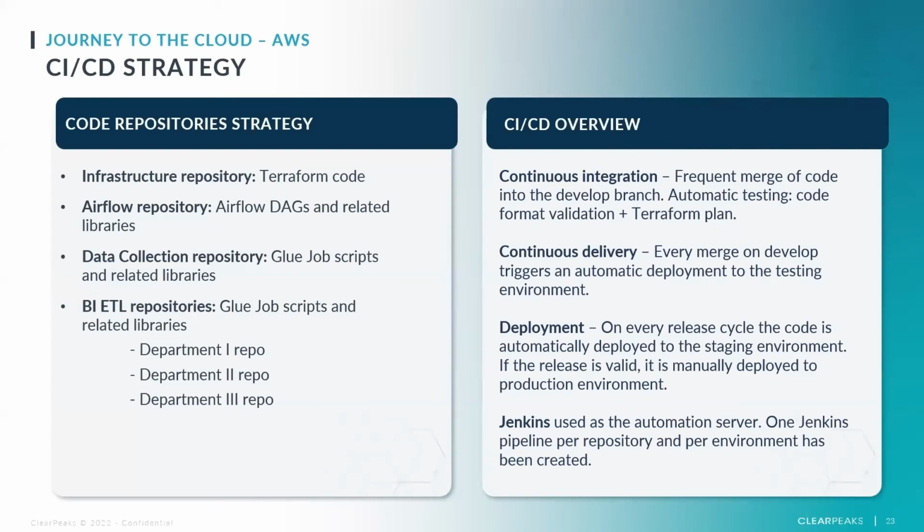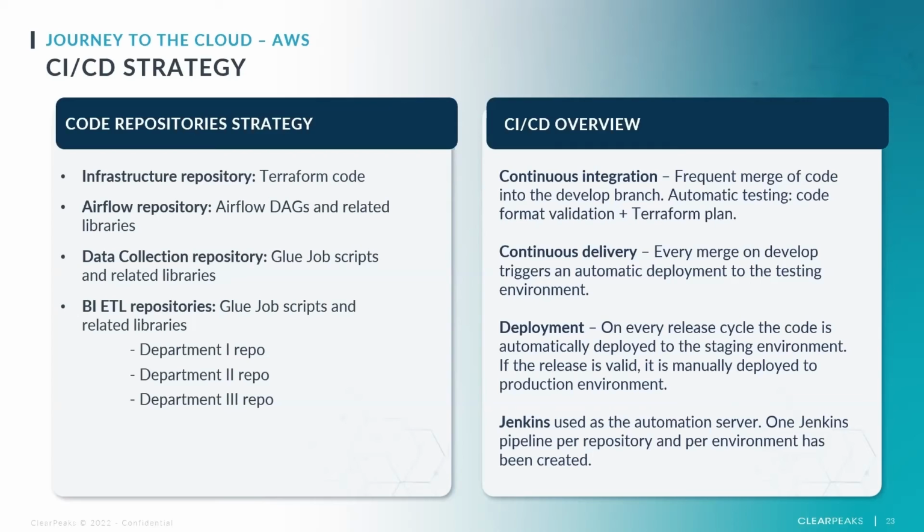Regarding the deployment, on every release cycle, which happened every 2 weeks, once the code got merged into the main branch, that triggered an automatic deployment to the staging environment. Then if the release is valid and the tests were successful, the deployment to the production environment was done manually.